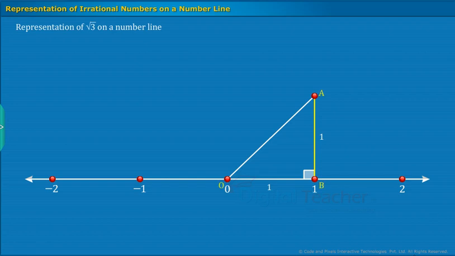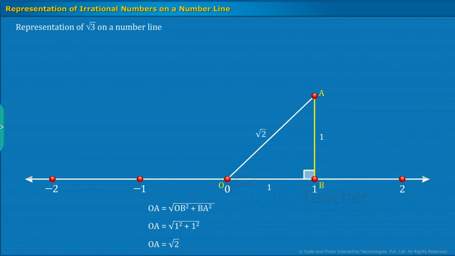Now, to find the distance OA, we use Pythagoras' theorem. From Pythagoras' theorem, OA is equal to the square root of OB square plus BA square, which is equal to the square root of 1 square plus 1 square, that is root 2. So, the distance OA is root 2.